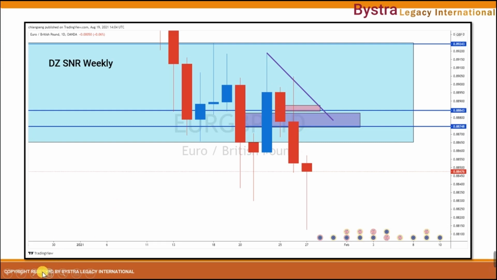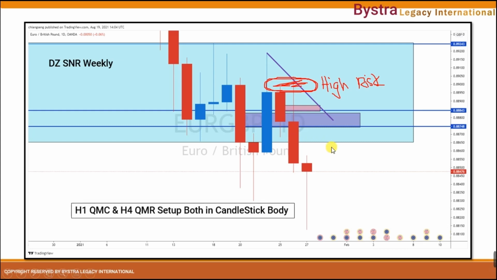If the setup is at the wick, then it is considered high risk. So we do not want those setups to be at the wick. This area is considered high risk. Okay, remember, guys, both setups have to be at the candlestick body. So it met the SOP.